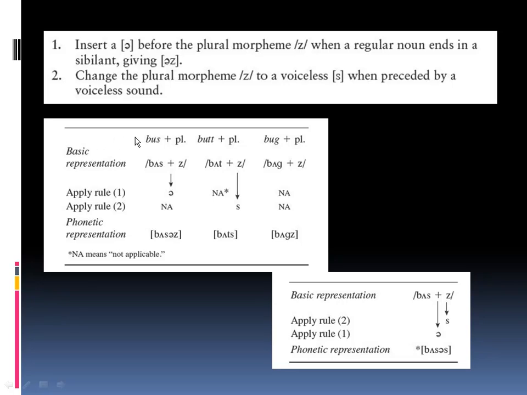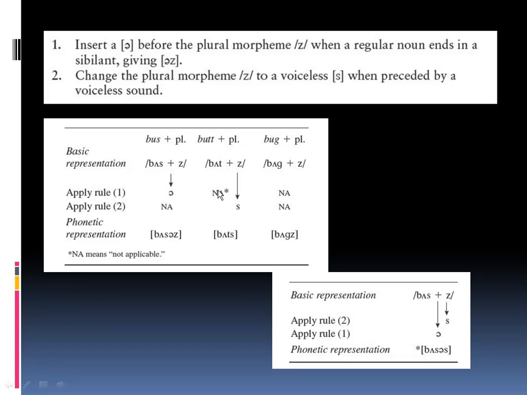At the speaker's mental level, I'm thinking as a speaker of English, okay, I've got bus, bud, bug, and I'm just pluralizing them, and I don't think anything of it. So that's the basic representation at the phonemic level. Bus, bud, bug, and z. That's what I'm thinking about.